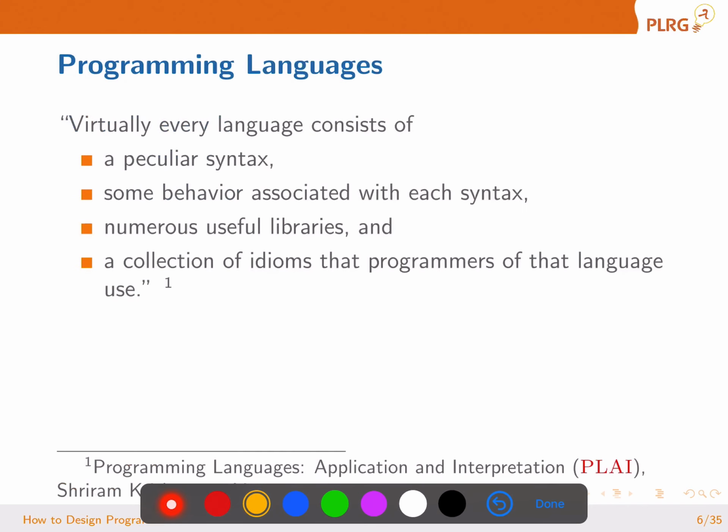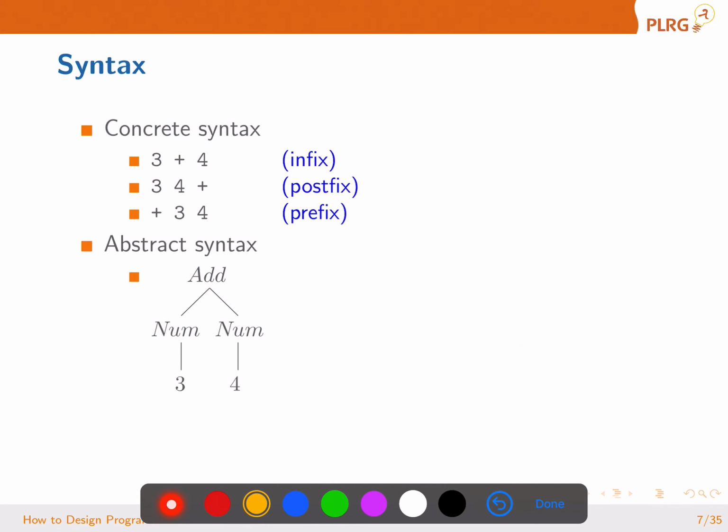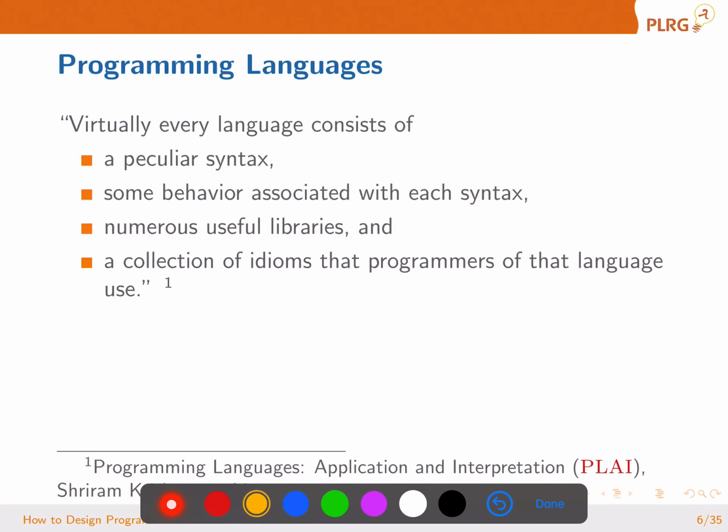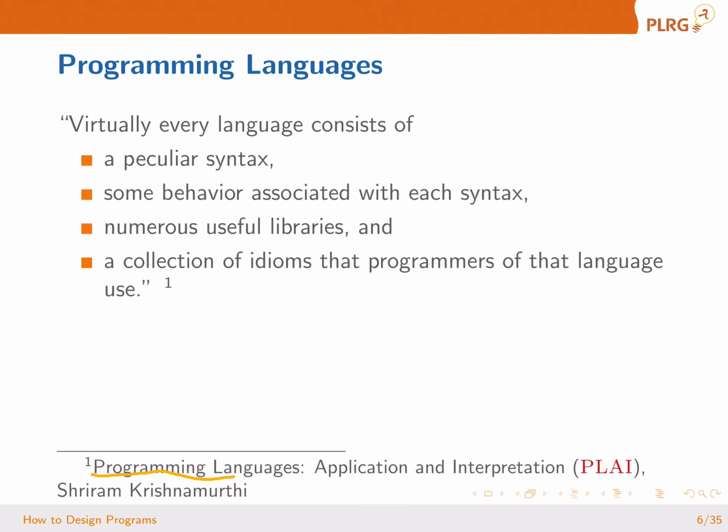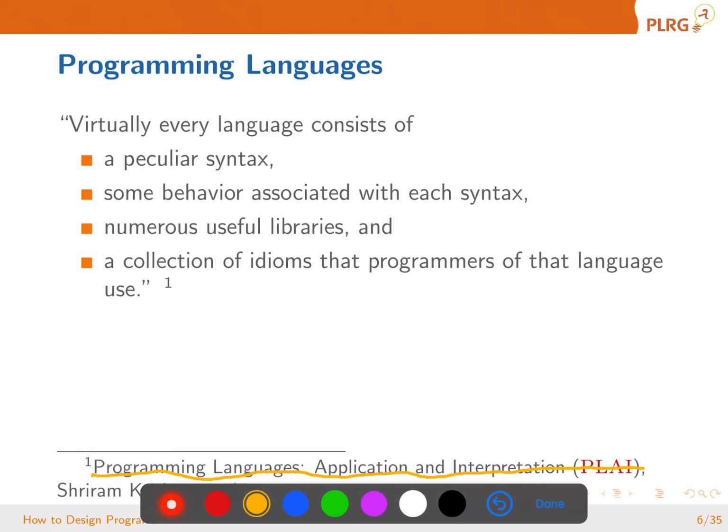Programming languages. This quote is from a textbook, or reference, I would say, Programming Languages: Application and Interpretation, PLAI. Shriram, who's the author of the book, said, virtually every language consists of a peculiar syntax, some behavior associated with each syntax, numerous useful libraries, and a collection of idioms that programmers of that language use.